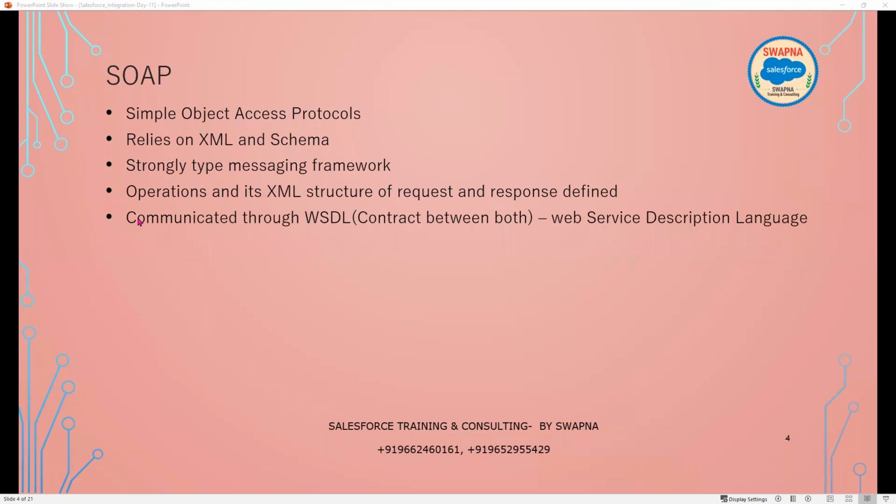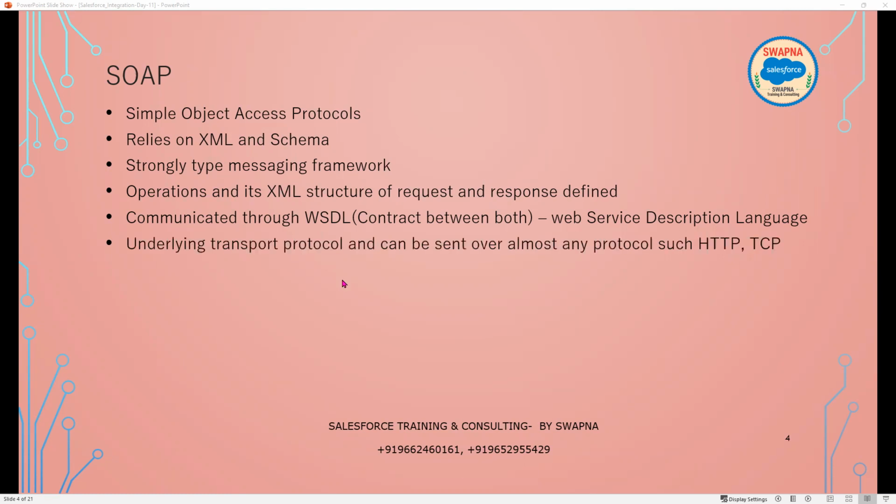If you do not have a WSDL, it is not possible. That means if you are going with a SOAP integration, you have to use the WSDL. Then only can you communicate using the WSDL file. Underlying this, the transport protocol can be almost any protocol, such as HTTP or TCP. You can implement any protocol.